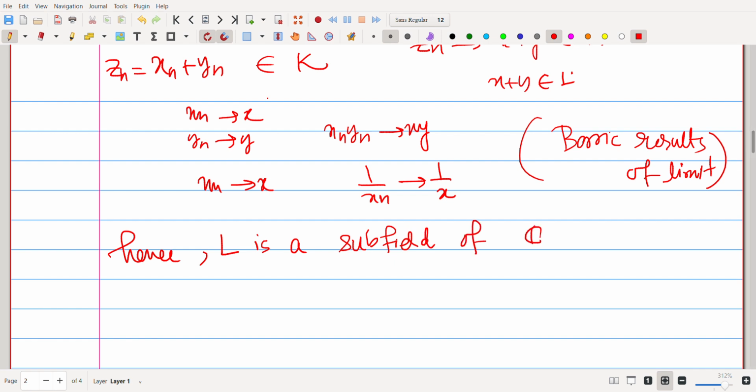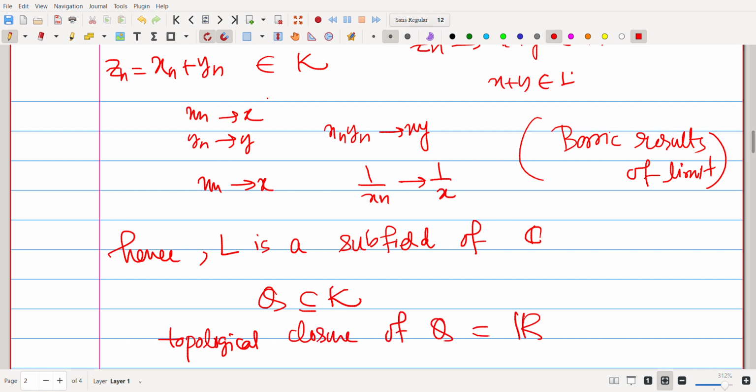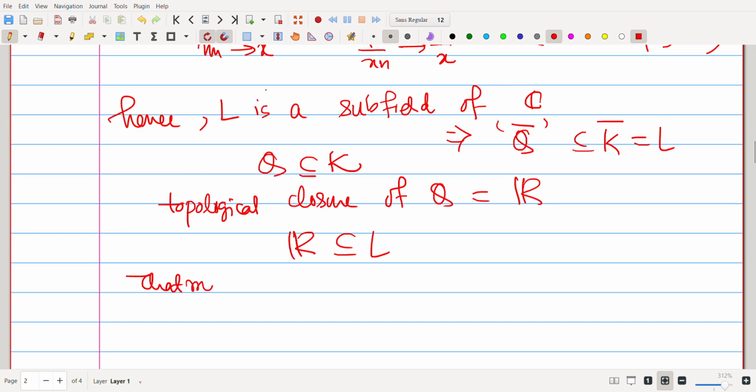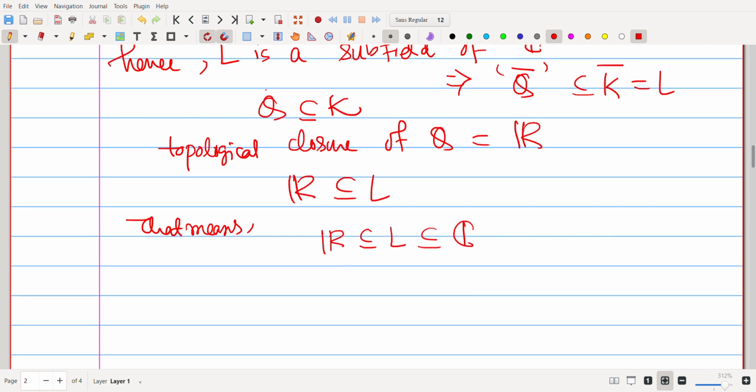Right? Now Q is contained in K. So the topological closure of Q is R. Because Q is contained in K, Q closure, I am talking about topological closure here, is contained in K closure, which is L, and the topological closure of Q is R. So R is contained in L, which is contained in C. And we know that the extension degree of C over R is 2, and L is a subfield contained in C, and 2 is a prime number.